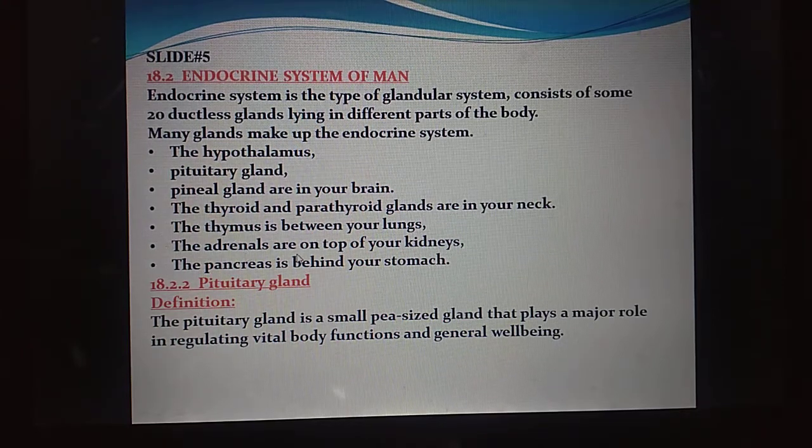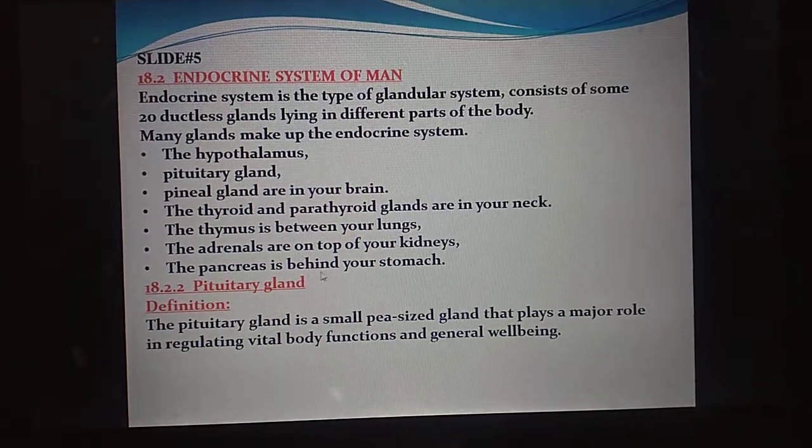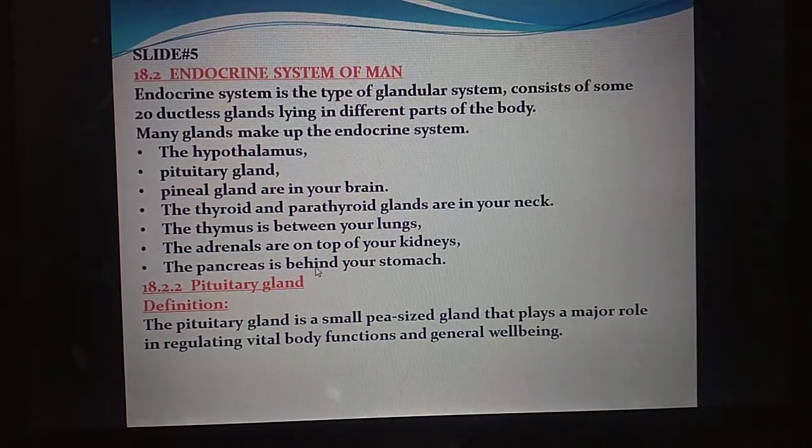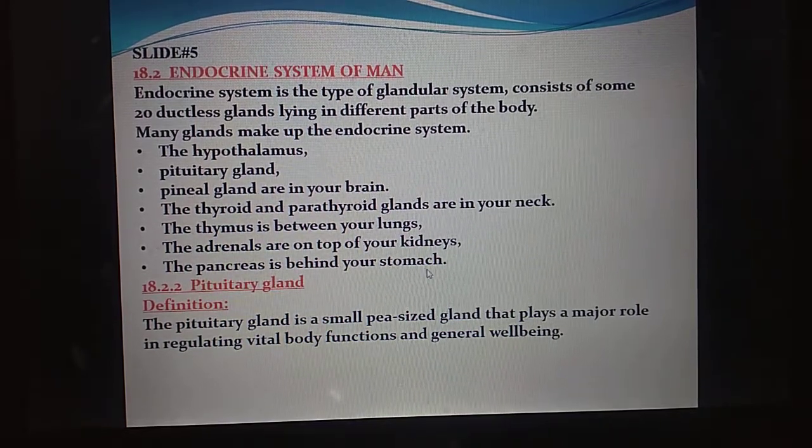The adrenal glands lie on top of our kidneys, and are further divided into adrenal cortex and adrenal medulla. Besides this, the pancreas also has an endocrine part, the islets of Langerhans, in which alpha, beta, and delta cells are concerned with the secretion of different types of hormones. It lies behind our stomach.